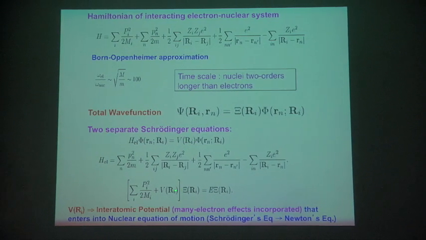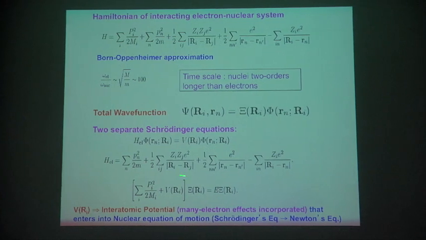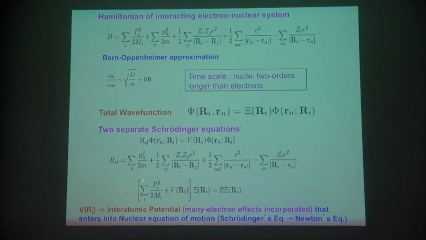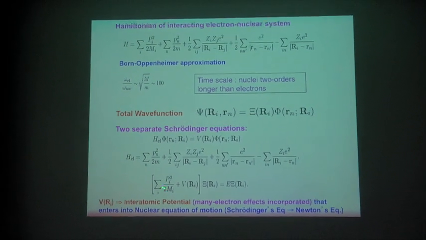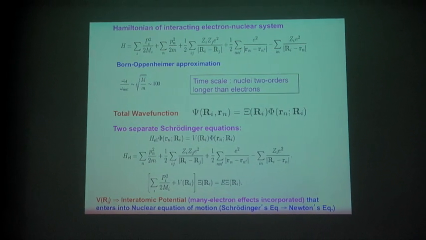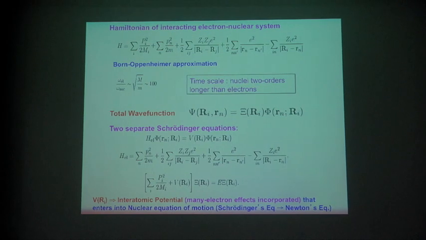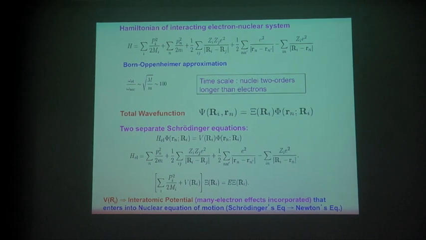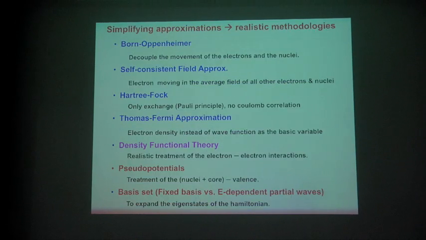When you put V of Ri in the ionic part of the equation, that leads to lattice dynamics, and V of Ri is what most people in material science call the interatomic potential.